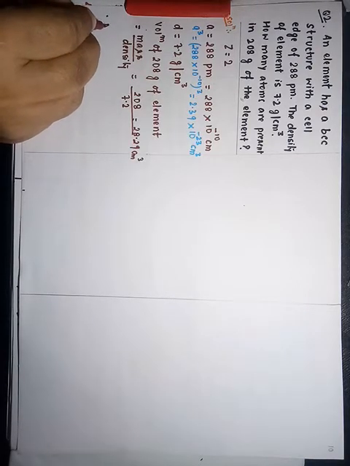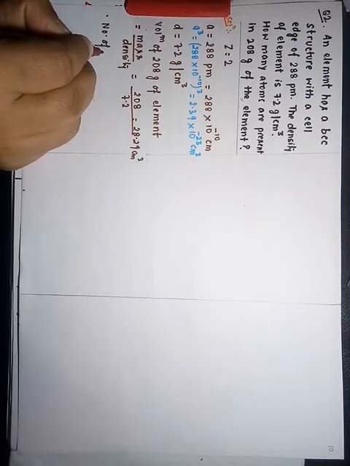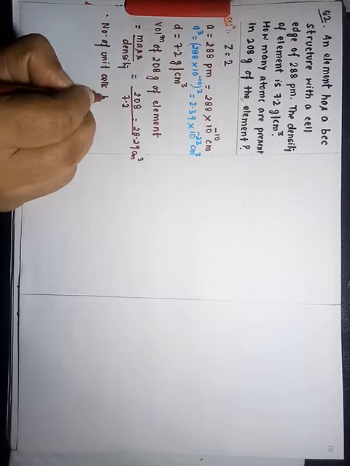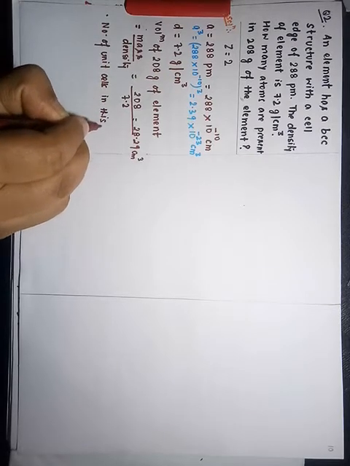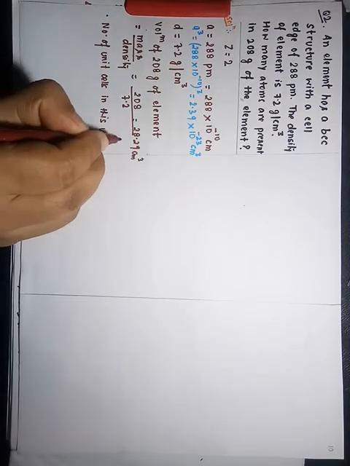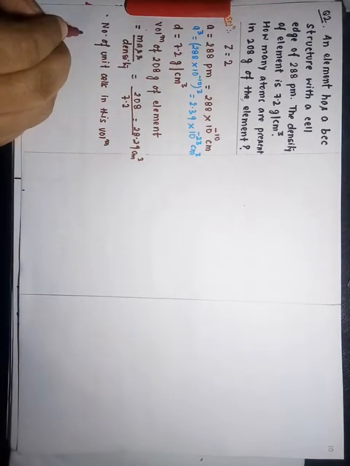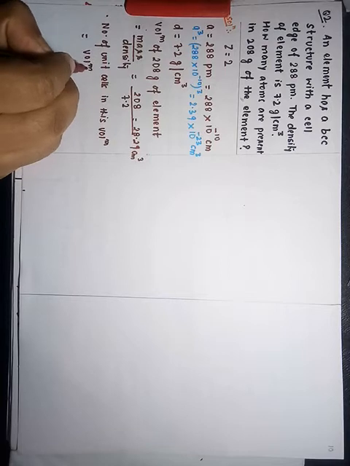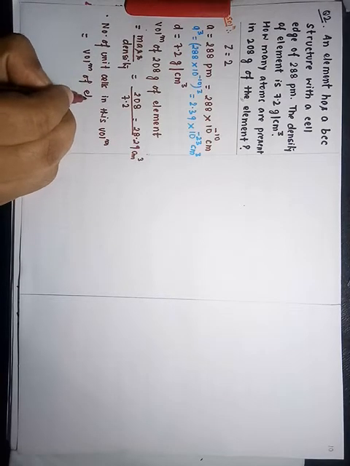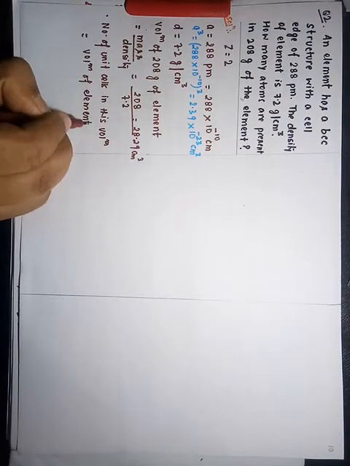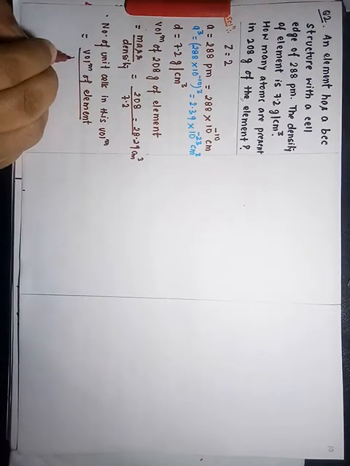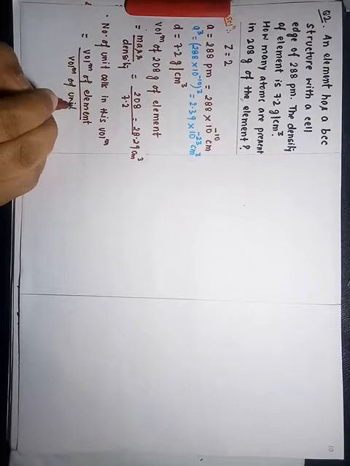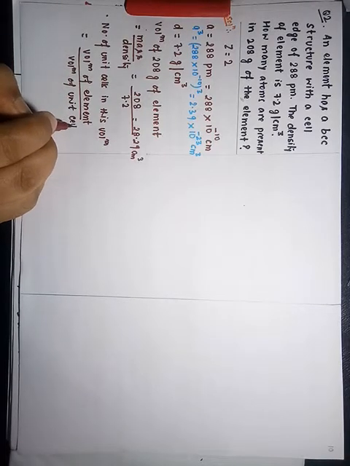Now student, number of unit cells in this volume, how many unit cells will be here? It will be equal to the volume of element divided by volume of unit cell. This will give us the total number of unit cells.